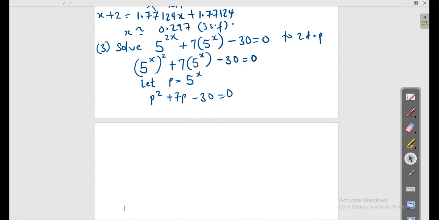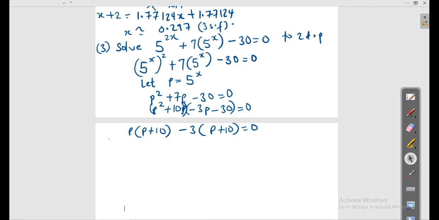So trying to solve this, we get p squared plus 10p minus 3p minus 30 equals 0. So that gives us p into brackets p plus 10, negative 3 into brackets p plus 10 equals 0. So p minus 3 equals 0, which implies that p is 3. p plus 10 equals 0, which implies that p equals negative 10.